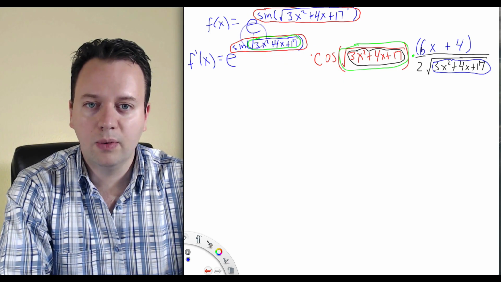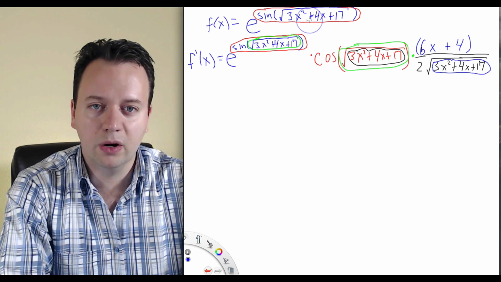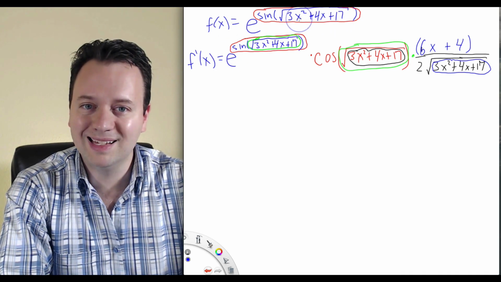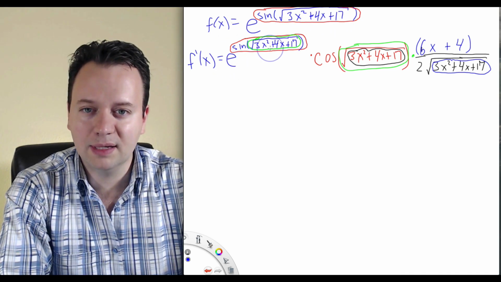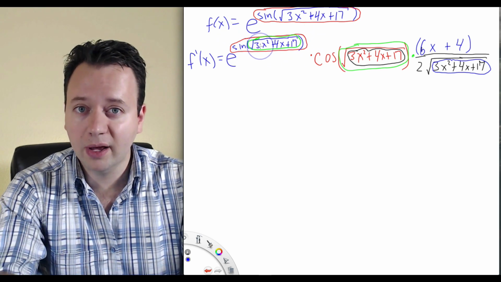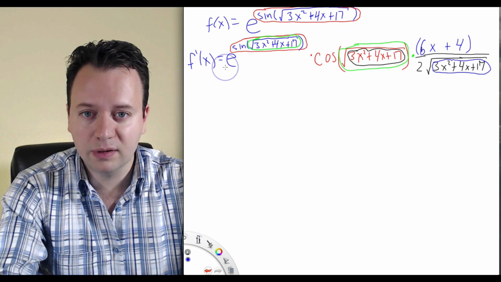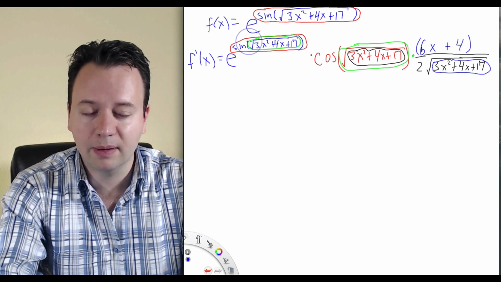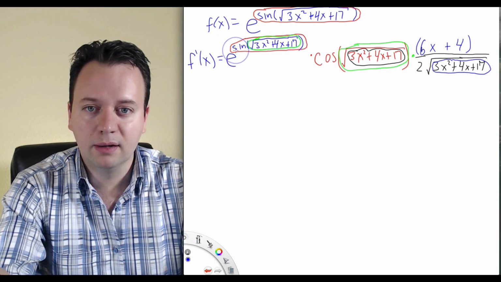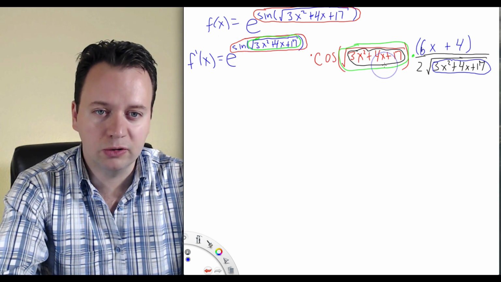So we had e to the sine of the square root of 3x squared plus 4x plus 17. So it's e to the something, and the derivative of e to the something is e to the something. Then we multiply by the derivative of that something. Okay, so let's look at what this something is to figure out its derivative. It's e to the something times the derivative of something. That something was sine of chunk. So the derivative of sine of chunk is just cosine of chunk.